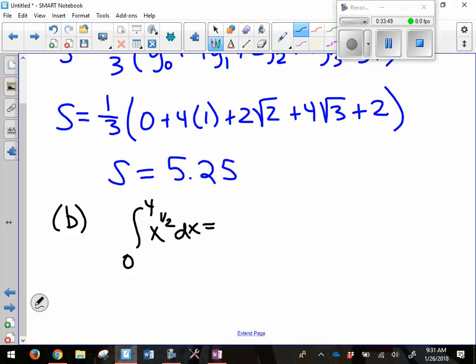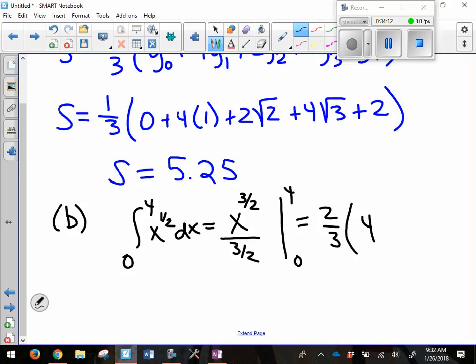If I take the antiderivative of x to the 1/2, what do I get? x to the 3/2 over 3/2, from 0 to 4. And I can take my denominator, because it's a fraction, and flip it, right? And I get 2/3 times 4 to the 3/2 minus 0.